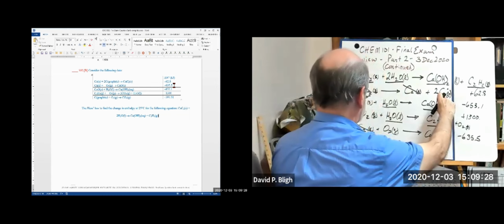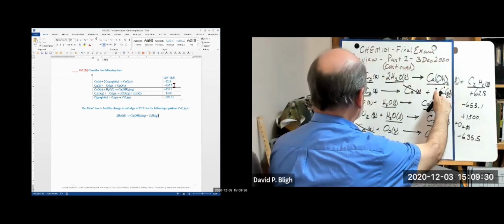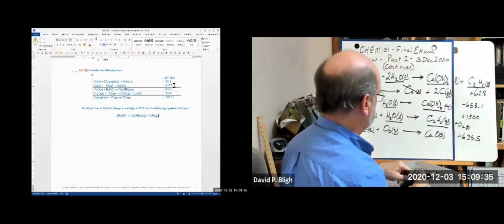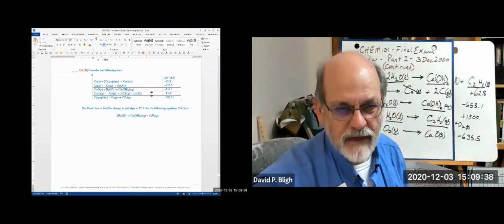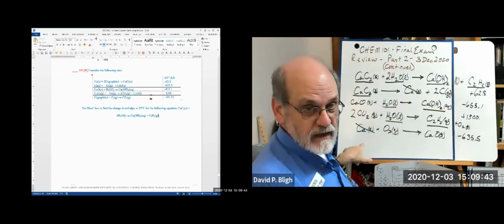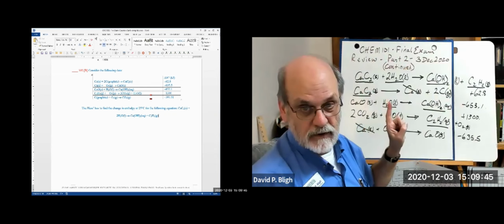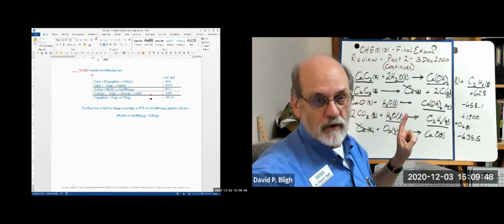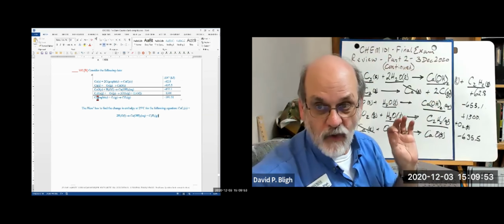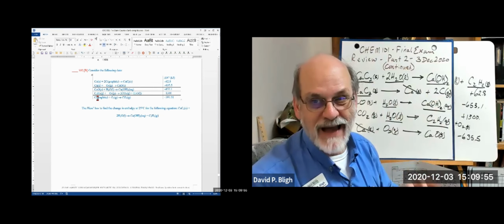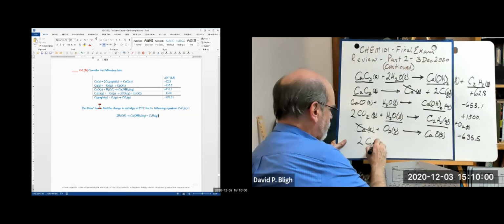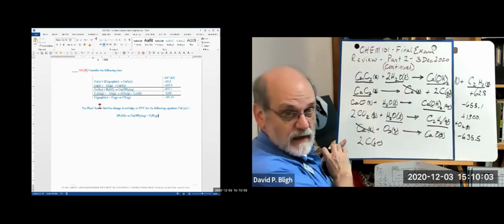Carbon. Where's the carbon? We don't have a carbon in there. That's the last one. So carbon's a product here. It needs to be a reactant here, but we need 2 of them. So carbon graphite, in this case, is the right side of the reaction, but the wrong amount. We need 2 of them, plus oxygen.